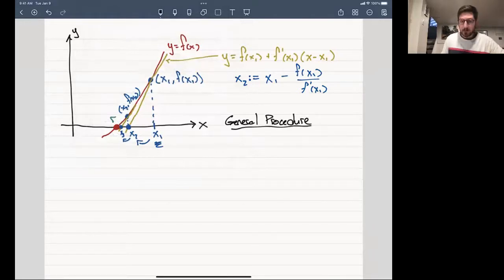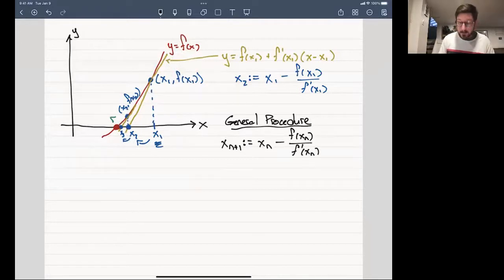well, that is that if I give you some guess, call it xn, I can tell you what a better guess is going to be, at least just based on my picture so far, that xn plus 1, the next element of my sequence, is going to be the previous value of xn minus f at xn divided by f prime at xn.